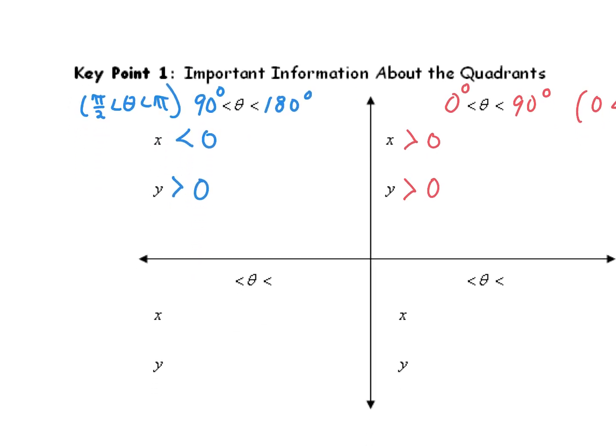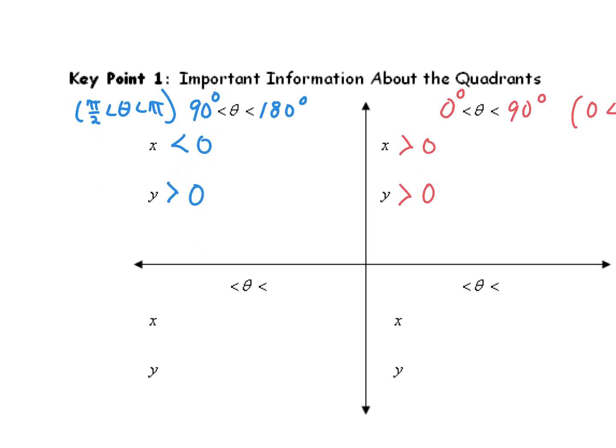In quadrant 3, those angles go from 180 to 270. In radian measure, that would go from pi to 3 pi over 2. And everything's negative in quadrant 3, as far as x and y are concerned.